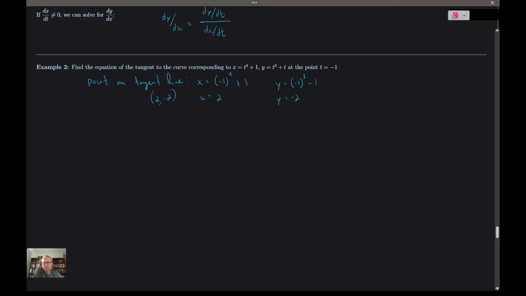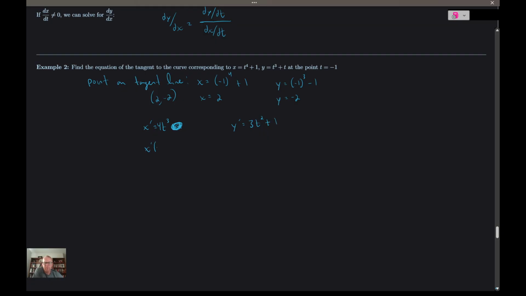Now we need the slope, so we need to take the derivatives of x and y. So x prime is 4t cubed, and then y prime is 3t squared plus 1. Then let's plug in the -1.